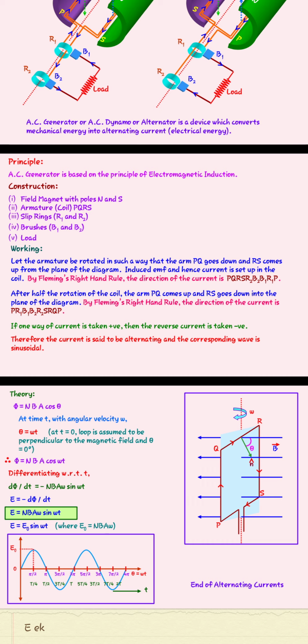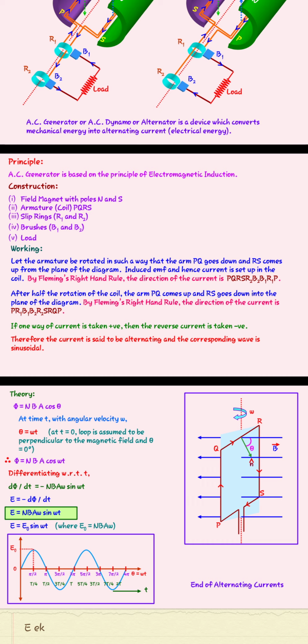So the EMF or the current is of alternating nature, and if we draw the graph between the induced EMF and the time period of the rotation of the coil, we get the graph in the form of a sinusoidal wave.